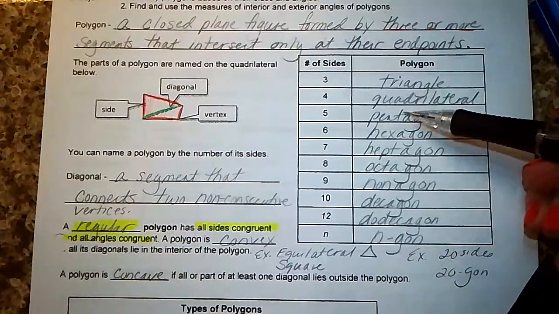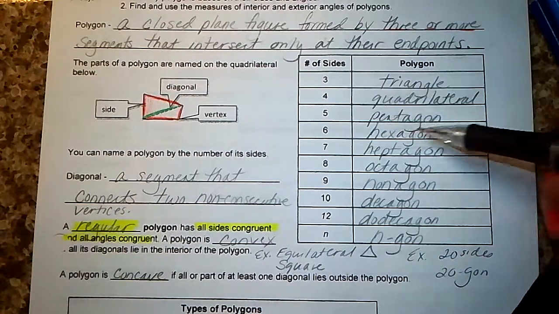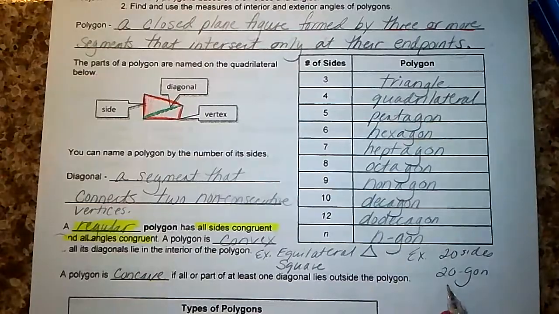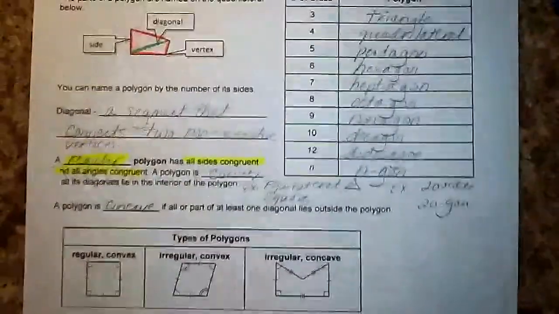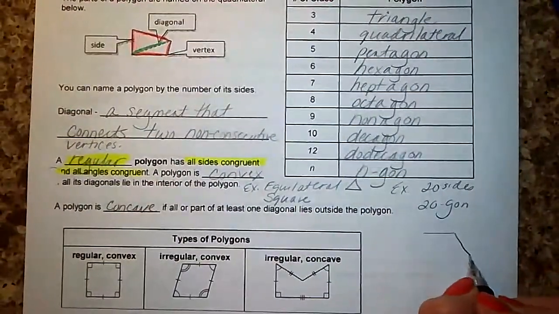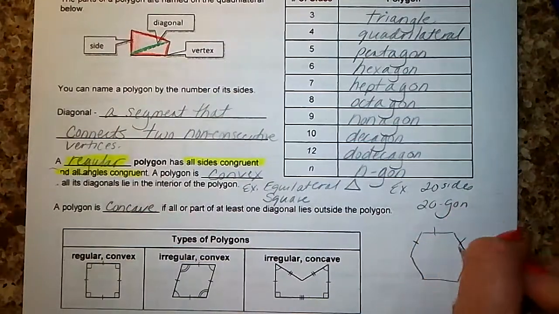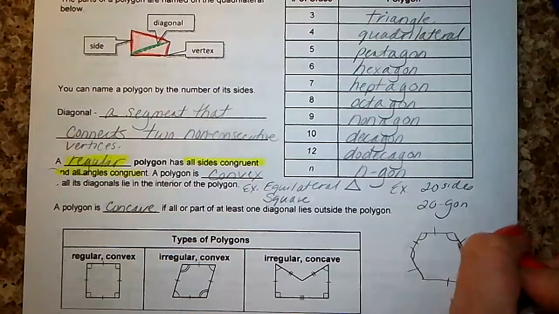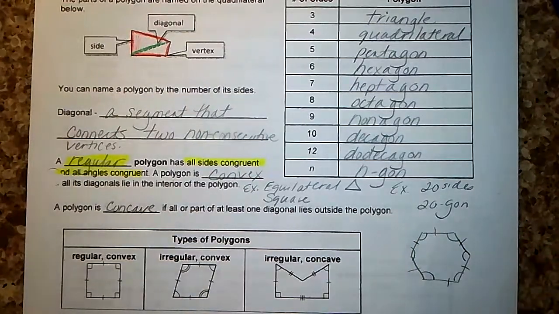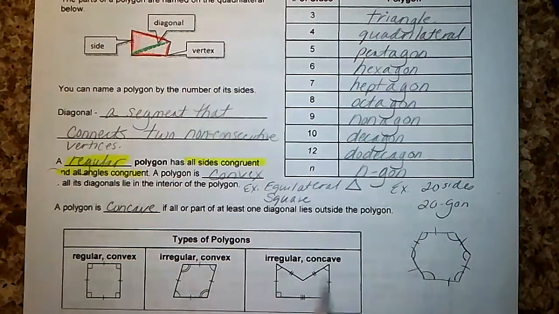You can have a regular pentagon, a regular hexagon. That's that perfect hexagon, that perfect 6-sided figure, that when you see a hexagon, like that's a perfect hexagon when it has all equal sides there, and it would have to have all equal angles. That's what regular means.